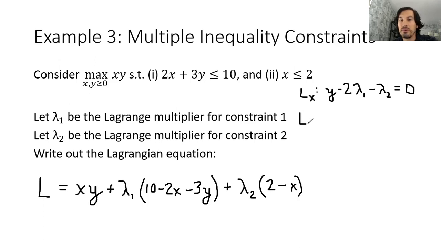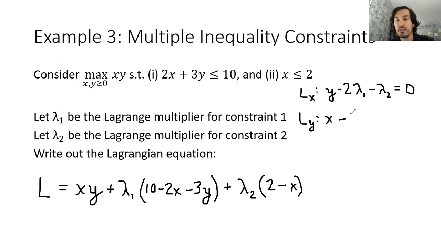I'll write these all out, but you don't need to write them all out to solve this. From the second one, the derivative of xy with respect to y is x. Now we're scanning for y's. We see one here, times lambda 1 and times -3.